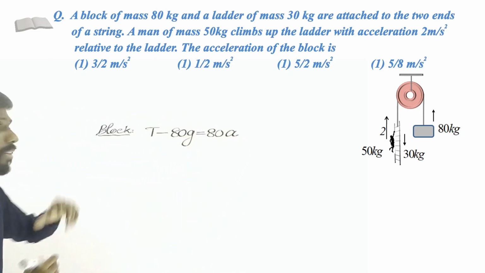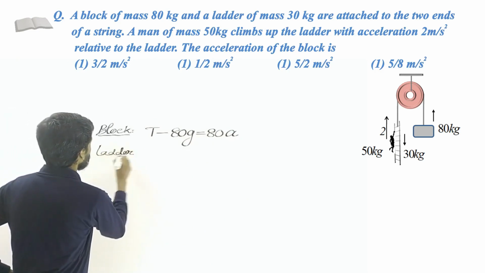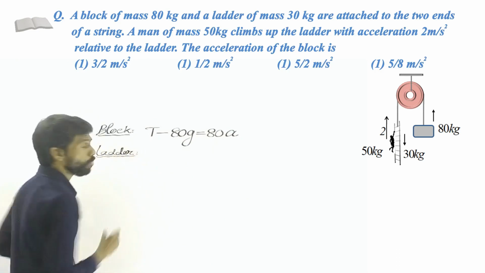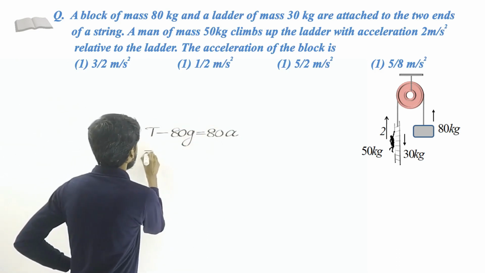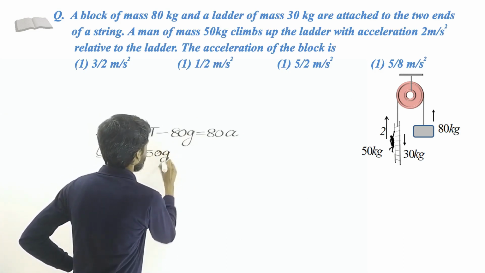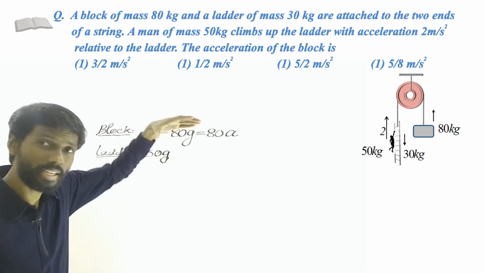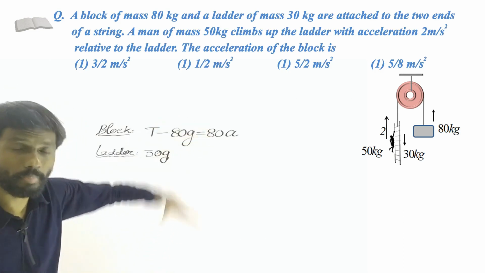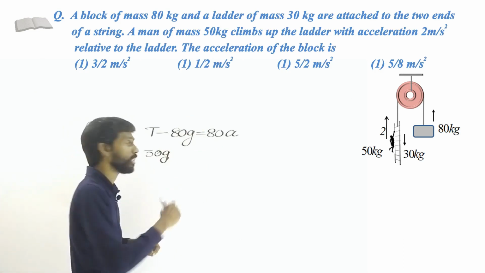Now for the ladder, what are the forces acting on the ladder? The ladder is moving downwards, right? So the gravitational force, 30g, and then the person is applying a normal force in the downward direction. The normal force applied by the person is also in the downward direction, right? He is moving upwards, which means he is applying a force in the downward direction.